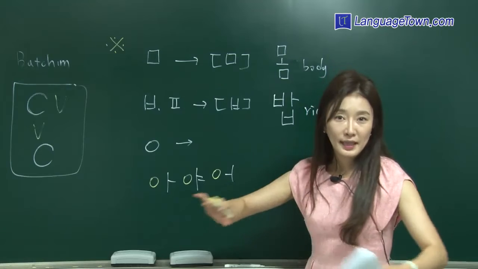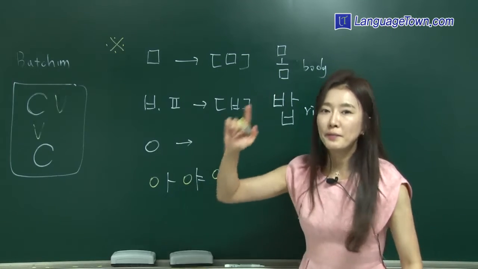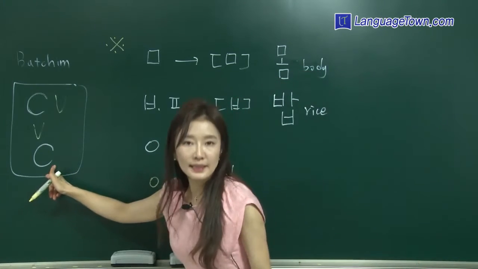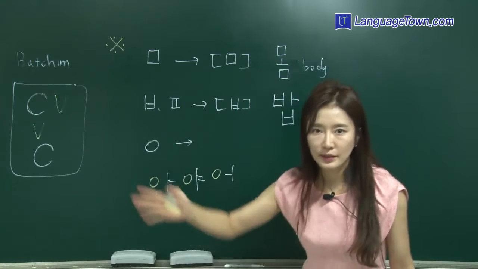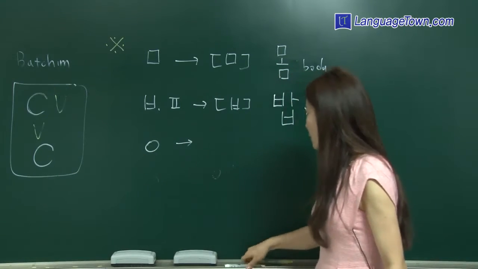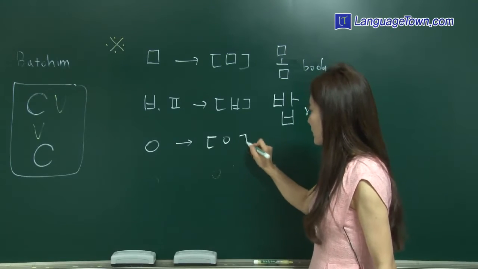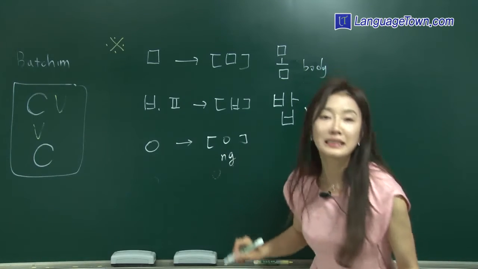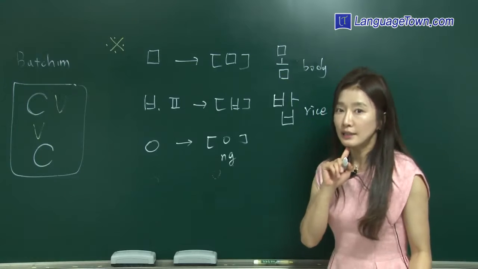But it sounds all the same, right? And what if it comes to the last 받침? How do you pronounce this one? Yes, I remember. I told you. It sounds like this, but it sounds like, okay? 응.